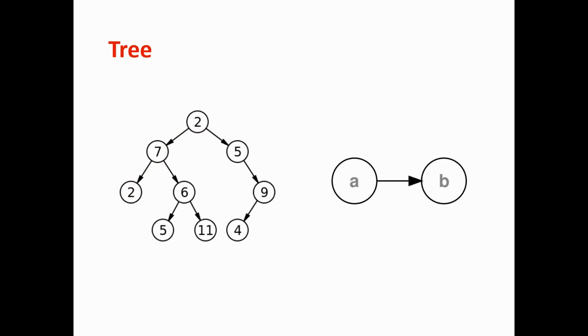There is also a path from this node to this node, right? And the number of edges that we pass through to get from the root to the node that contains 11 is 3. So the length of this path is 3. You can also see there is a path from this node to this node, and the length of this path is 2.